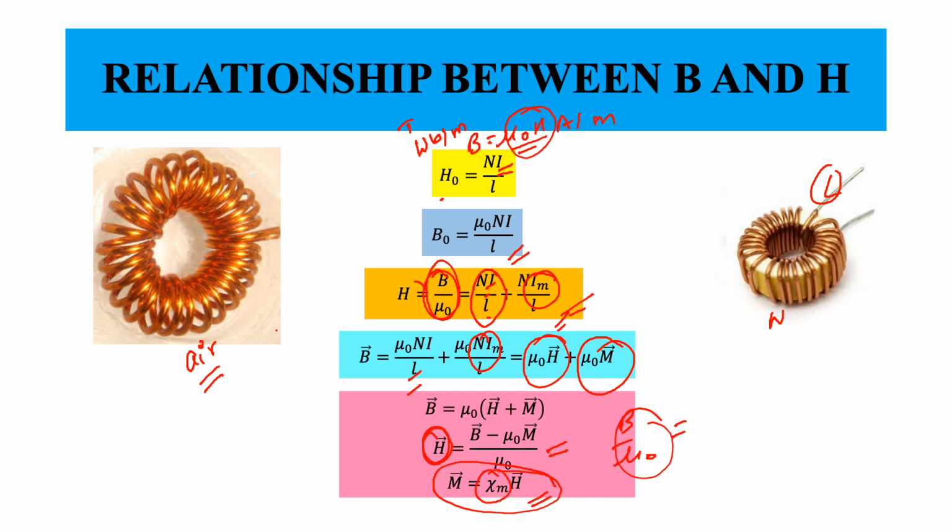This chi m is the magnetic susceptibility, just like you had seen that P is equal to epsilon naught chi E times the electric field.